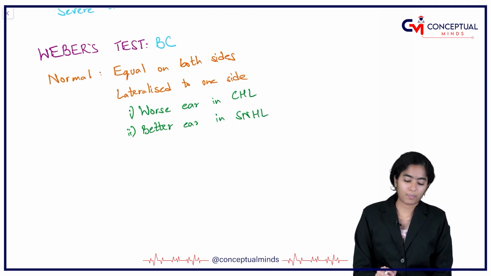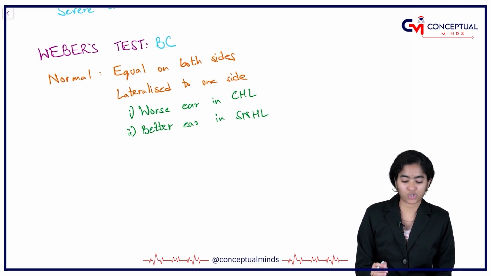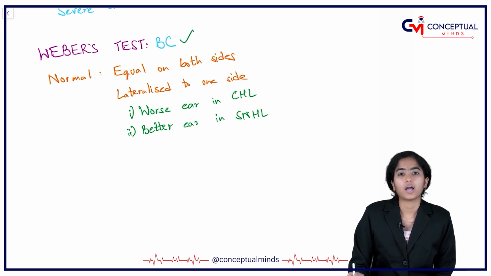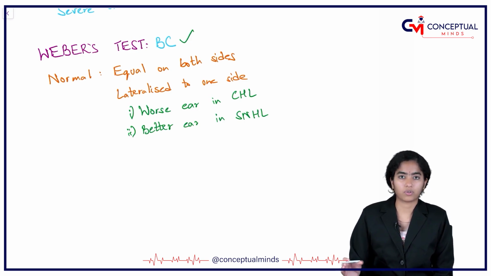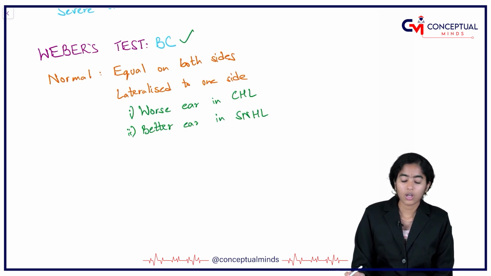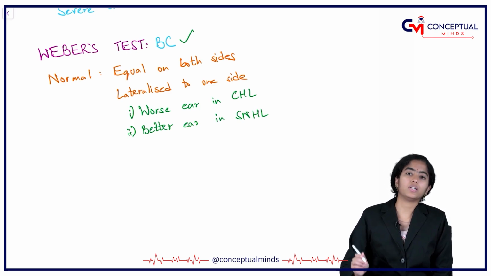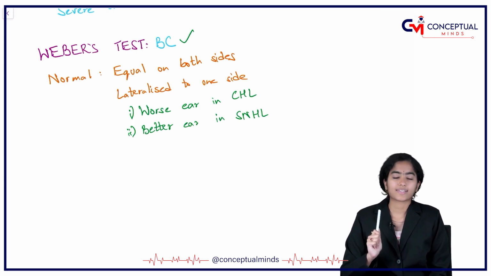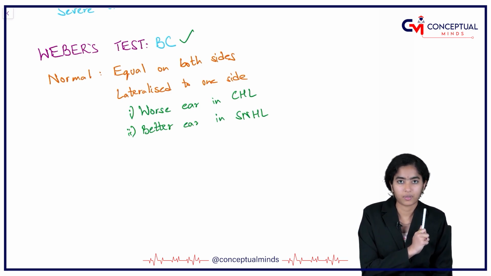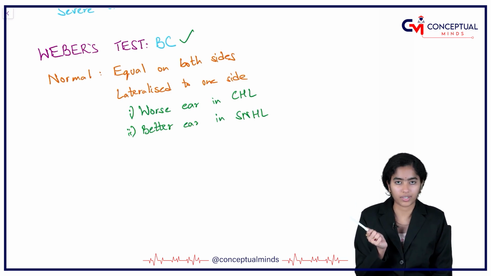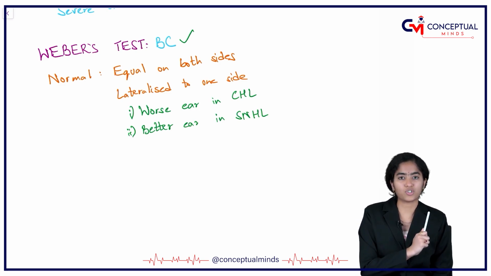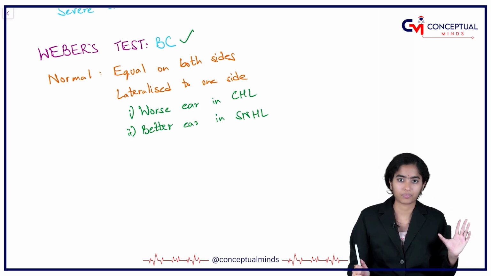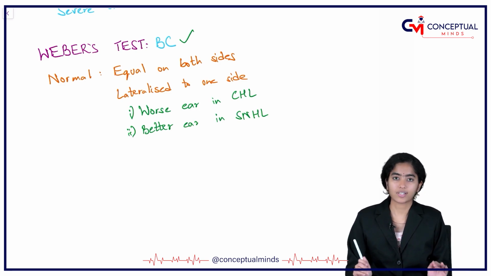When we are doing Weber's test, basically we are checking for bone conduction, and in bone conduction, what we check is the sensorineural component of hearing. So if the patient is having sensorineural hearing loss on the right side, the sound will be lateralized to the left side because this sensorineural component is not working on the right and it is working on the other side.